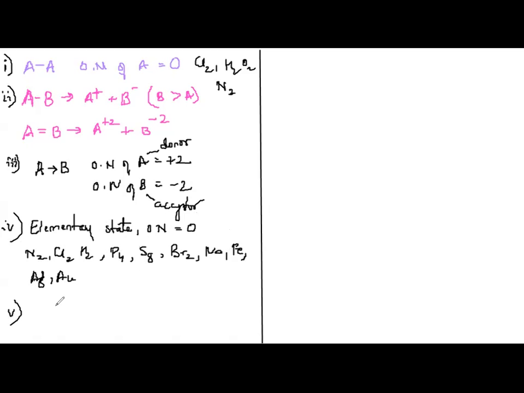Next point: the oxidation number of a monoatomic ion is the same as the charge on it. So Na+ is there. What is the charge?